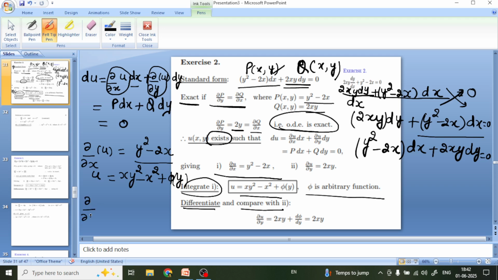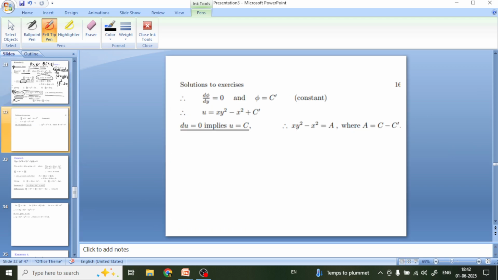The partial derivative with respect to y of u is equal to 2xy plus the derivative of phi, that is equal to 2xy, so the derivative of phi is equal to 0, and phi is equal to c, a constant.